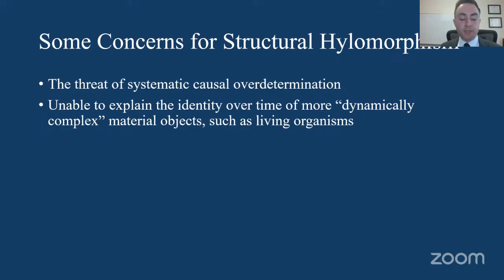Each of its actions is just a result of its parts acting in concert. But then composite wholes, which importantly will include things like plants, animals, and human beings, turn out to be either causally redundant or entirely epiphenomenal, having no causal efficacy whatsoever. Composite wholes, the existence of which structural hylomorphists have worked so hard to motivate, end up making no causal difference in the world whatsoever, lest their effects be causally overdetermined by their parts.